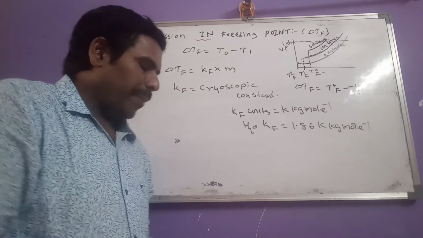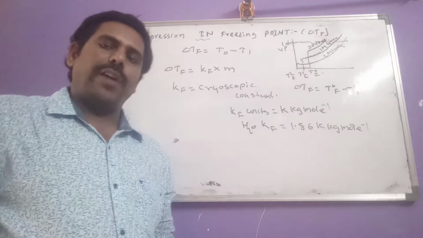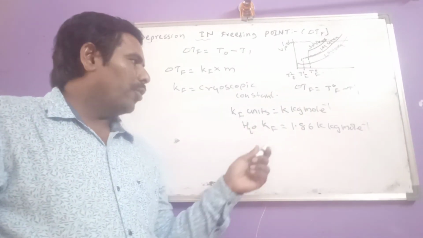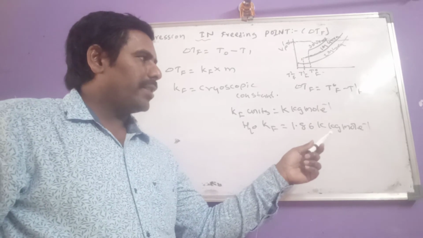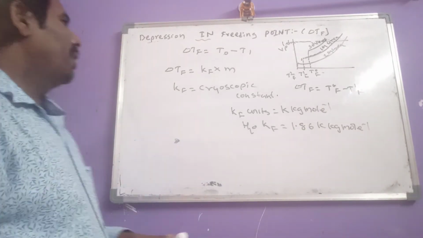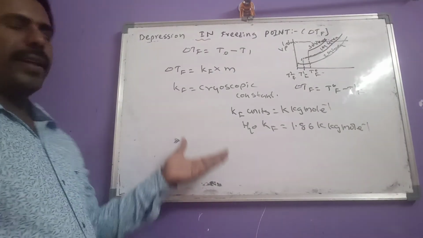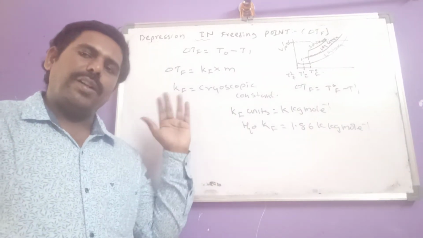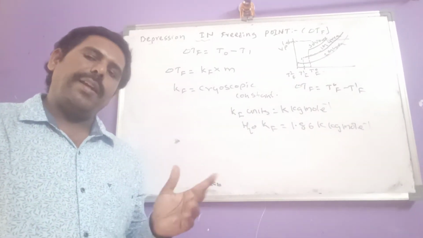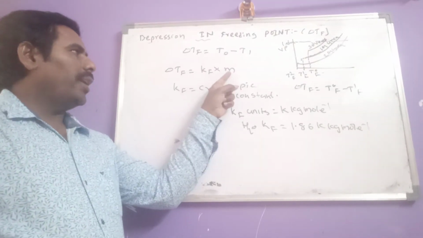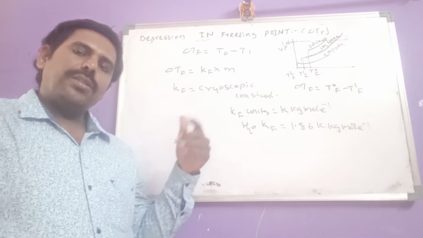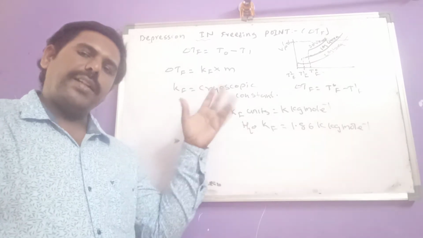Of course, the Kb value is 0.52 for water. And here the remaining expressions are the same as for elevation in boiling point, that means the molality expression: weight by molecular weight into 1000 by weight of solvent, as it is.